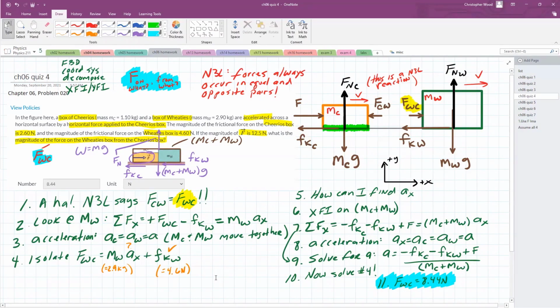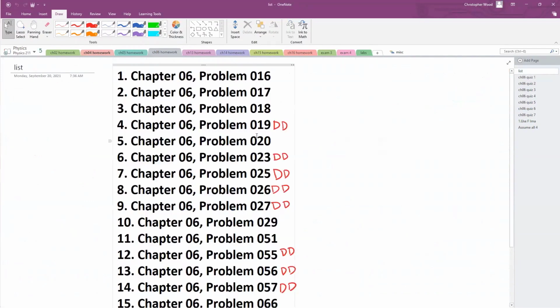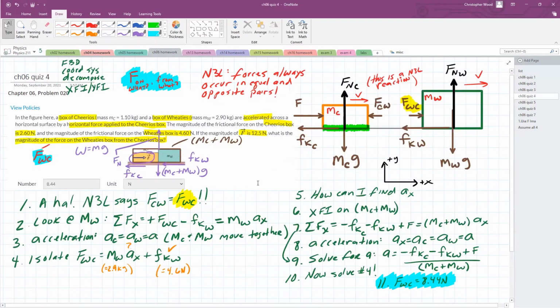Time check. Let me set up one more quiz. You guys can keep working on this for a bit because I'll need a bit of time to get things set up. Quiz 5 is, wait a minute, 1, 2, 3, 4, problem 29. Okay.